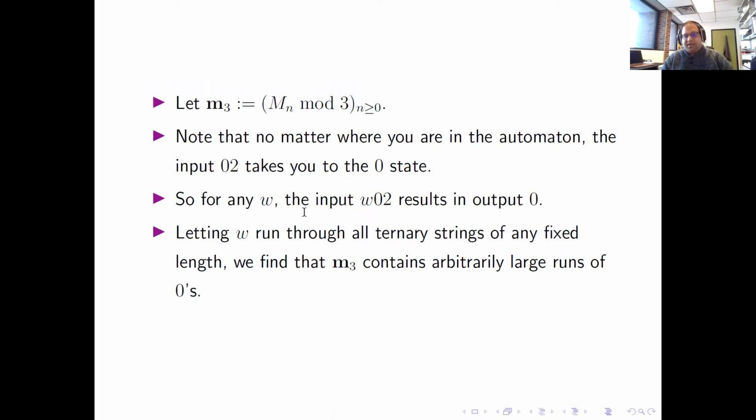So for any prefix w, I can read anything I want, any w, and then read 0, 2, and for sure I'm going to end up in the 0 state.